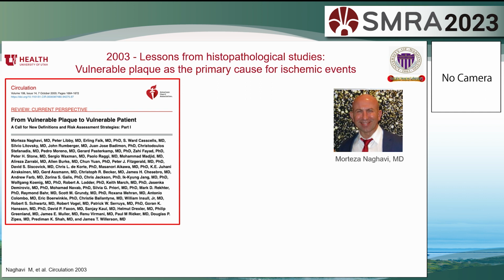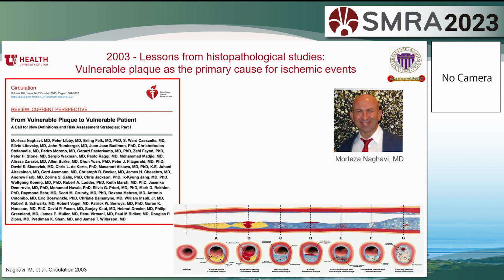So also in 2000, there is a landmark paper published, the lead author is Morteza Naghavi, the famous one that gave the histological definition of so-called vulnerable plaques based on coronary arteries.